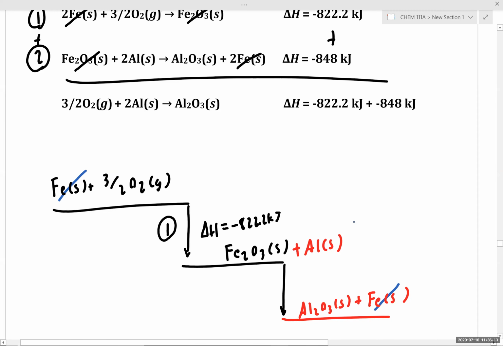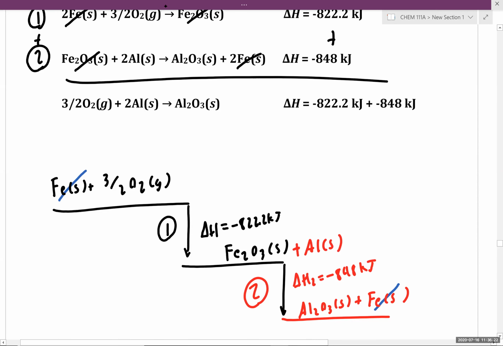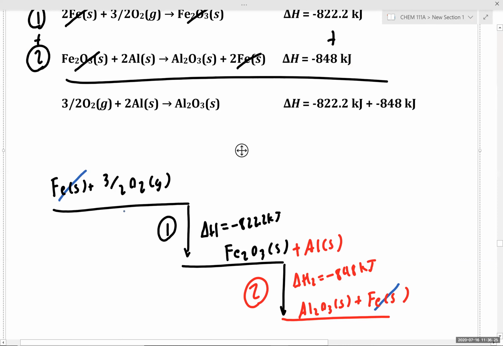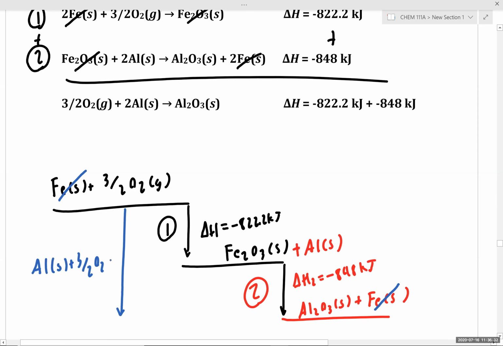So if we add our 2 chemical reactions together, and if we add our 2 enthalpies together, we get an overall reaction. In our overall reaction, we've taken aluminum solid plus oxygen gas, and we've generated aluminum oxide solid. And this enthalpy is equal to the enthalpy of step 1 plus the enthalpy of step 2.